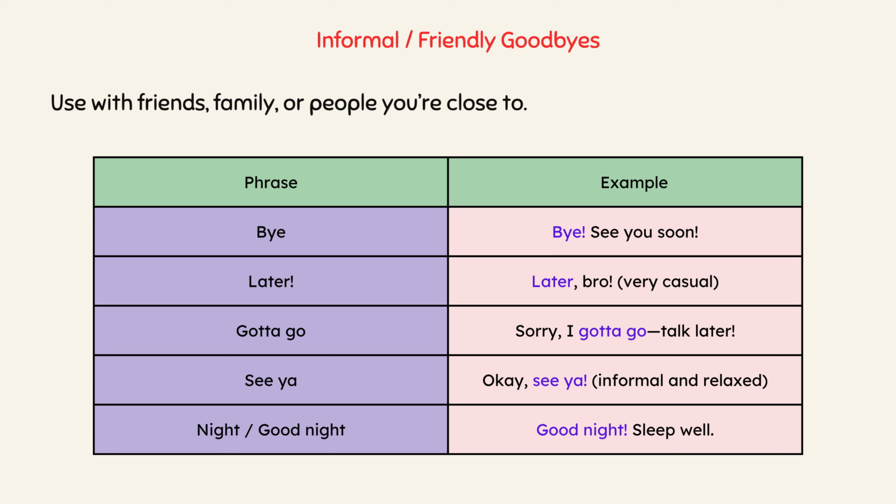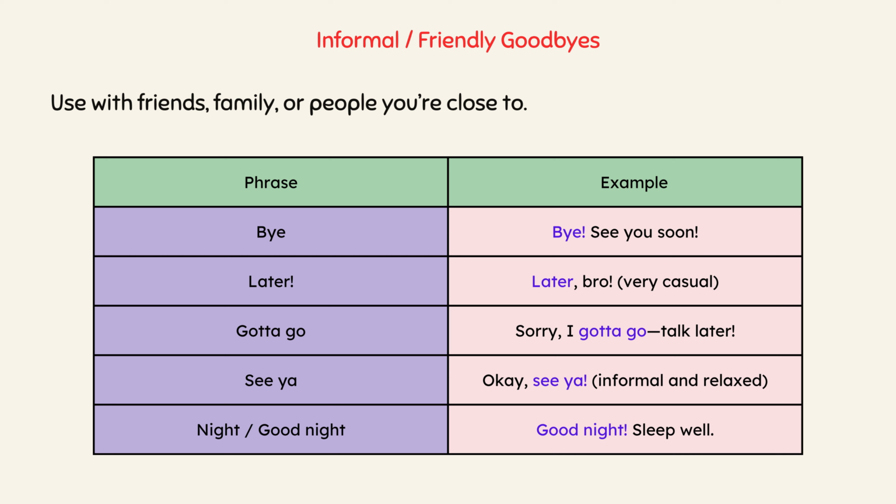Now let's learn some informal goodbye phrases, perfect for conversations with friends, family, or people you're close to. Bye. Example, "Bye, see you soon." Later. Example, "Later, bro." Very casual. Gotta go.